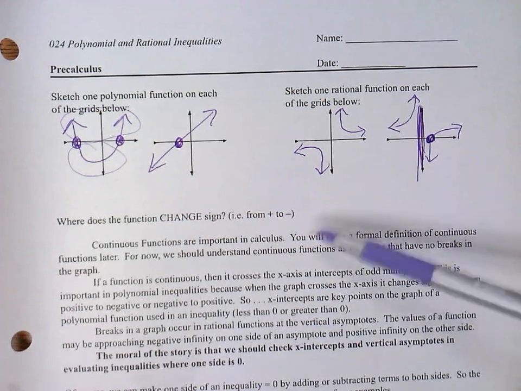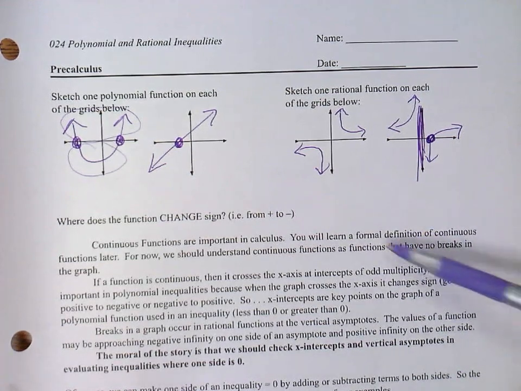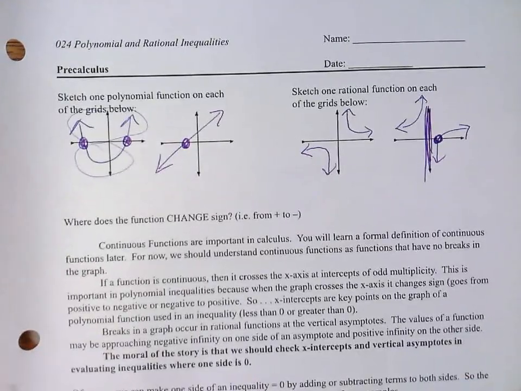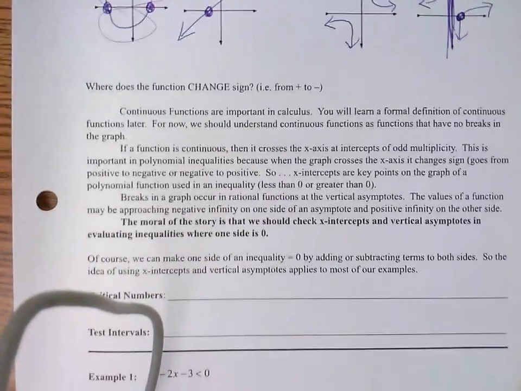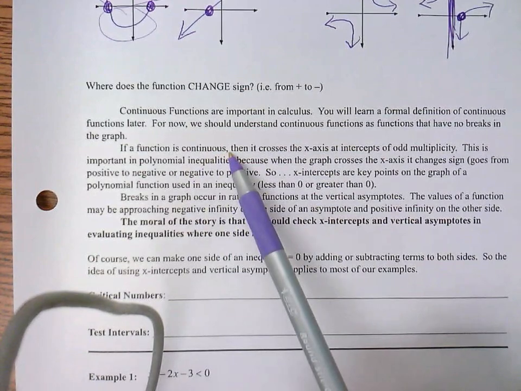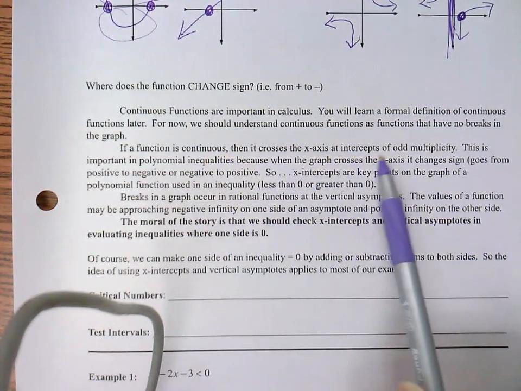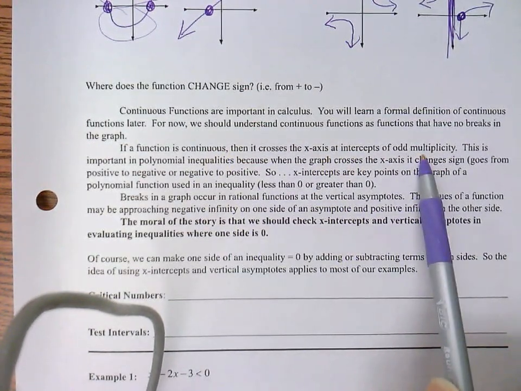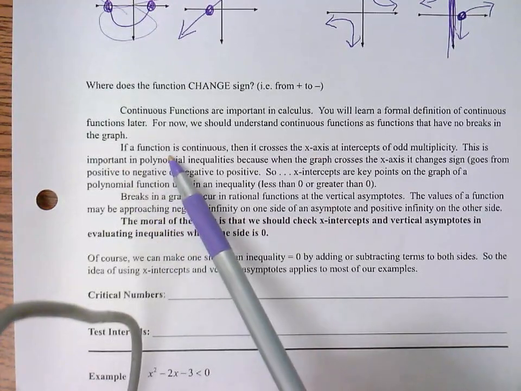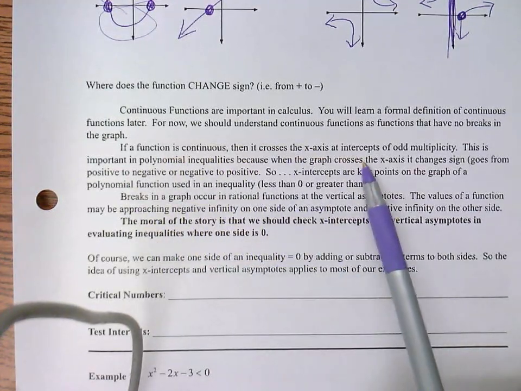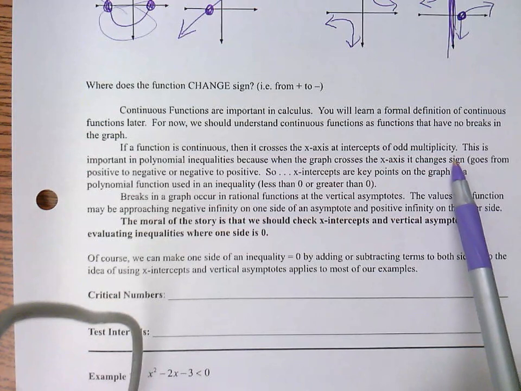So I wrote a little bit about continuous functions because in calculus you're going to talk about continuous functions. They have no breaks in the graph. So if a function is continuous, it'll cross the x-axis where it has odd multiplicity. We know that. This is important in polynomial inequalities because when it crosses the x-axis, it changes sign.